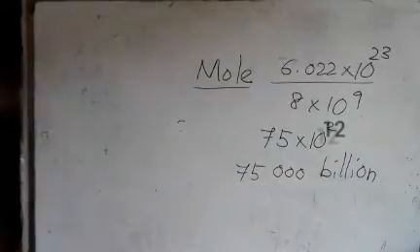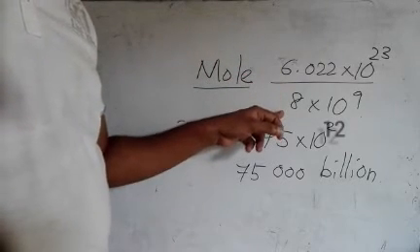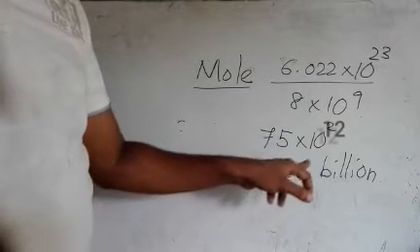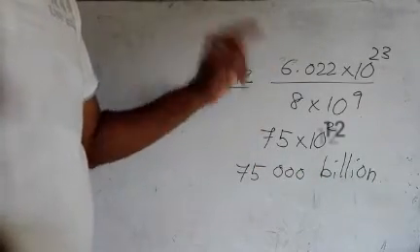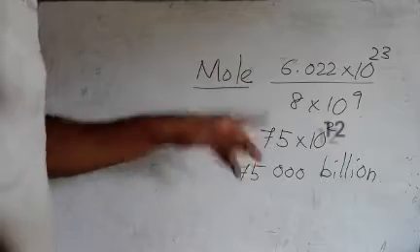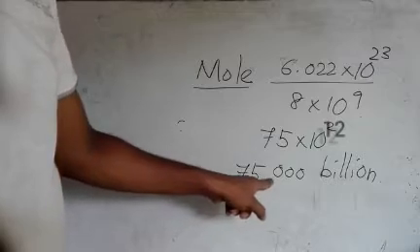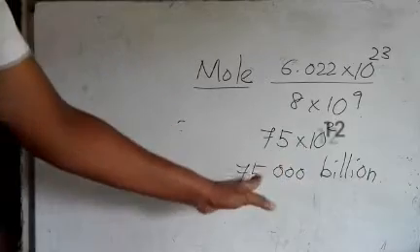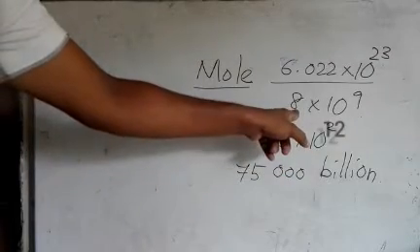The meaning is, one mole of people will live if there are 75,000 billion worlds like the earth, and in each one, 8 billion people are there.